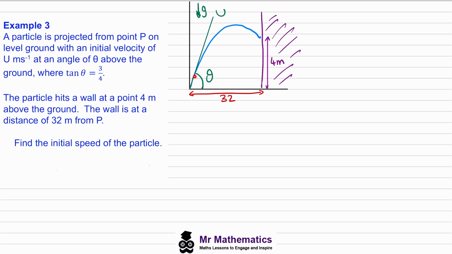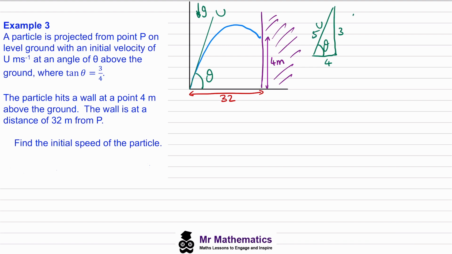So if I sketch a right angled triangle here, because tan theta is 3/4, we know the opposite will be 3, the adjacent will be 4, so it's not quite to scale. We can work out the hypotenuse as 5 using Pythagoras' theorem.